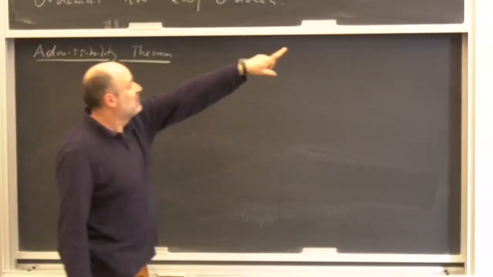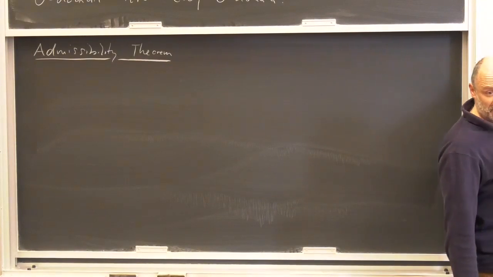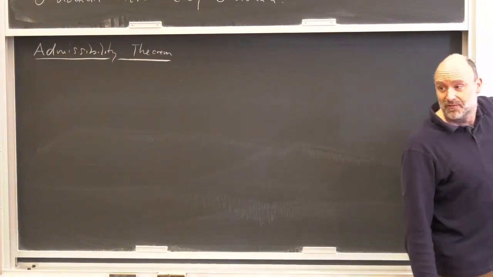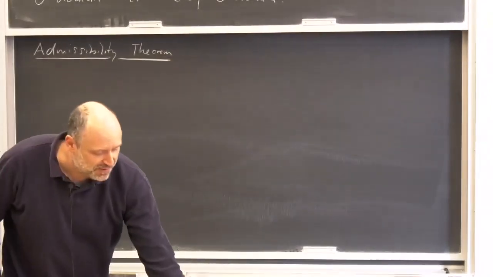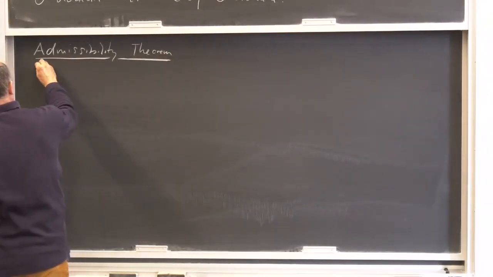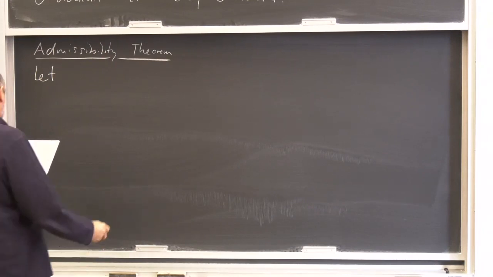we can actually get a more precise description of the tuple for which this works that includes, for example, this pair. I call that the admissibility theorem. So that now describes what tuples F, like over there, we can actually make this work.